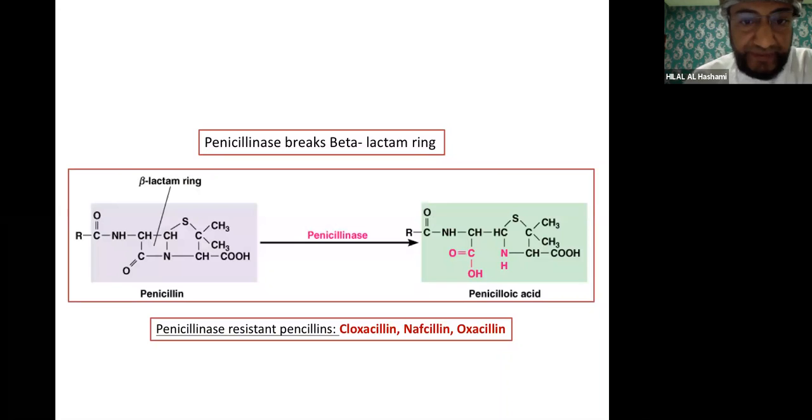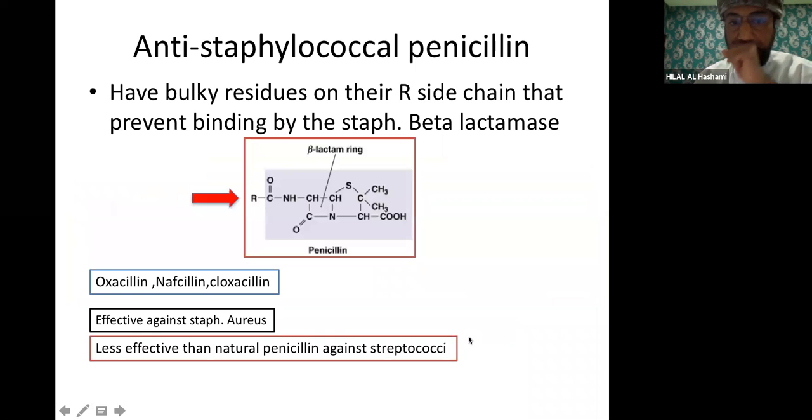Now, these penicillins are susceptible to breakdown by the penicillinase enzyme, and this penicillinase enzyme is present in Staph aureus. That's why penicillin is not the antibiotic that we want to use for Staph aureus. The penicillinase-resistant penicillins are cloxacillin, nafcillin, and oxacillin.